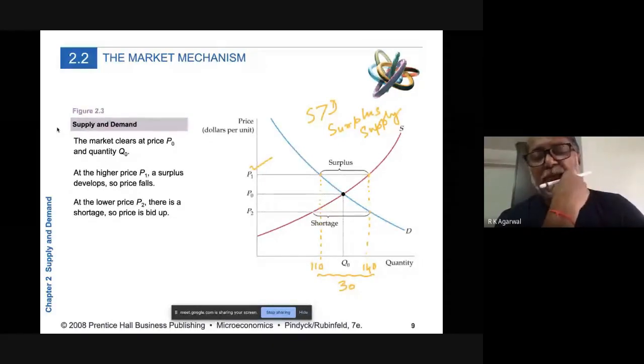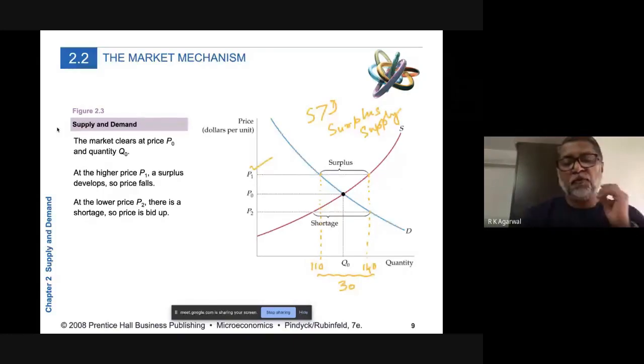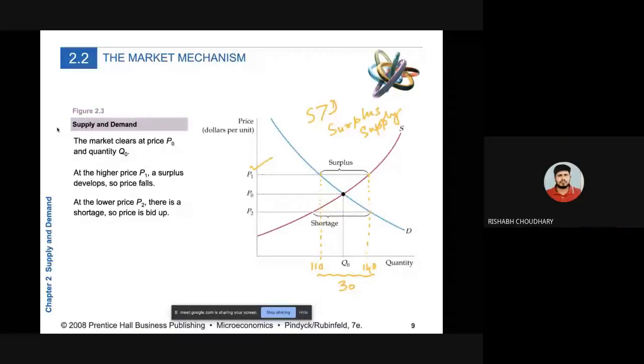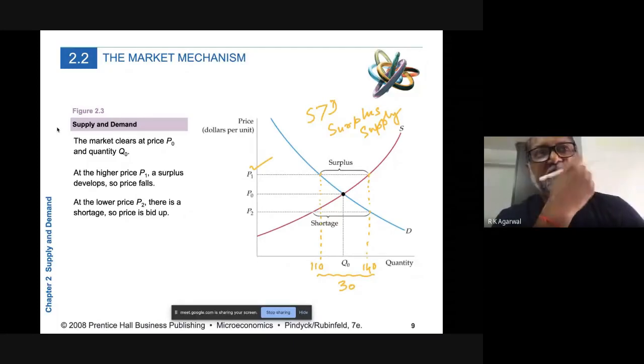Now, when the producers find that there are unsold units and it is unnecessarily increasing the inventory or stock of the product in their godowns or warehouses, what would they do? They would decrease the price. As you must have seen on Amazon, etc., they sometimes say clearance sale.